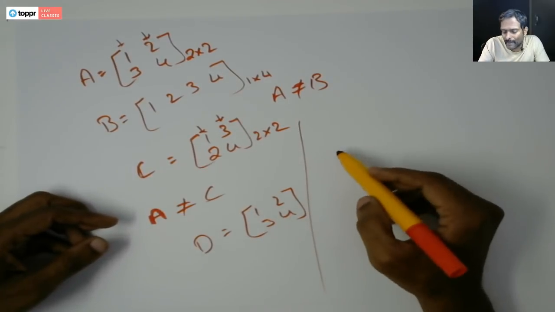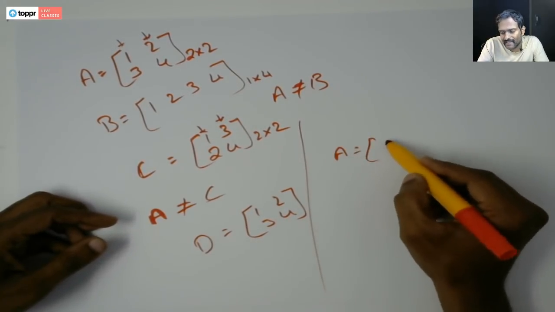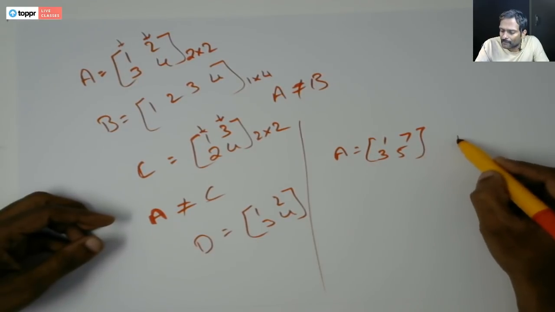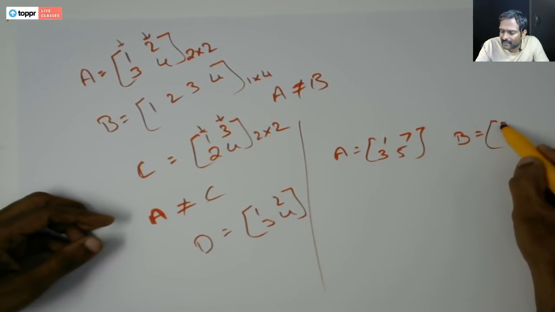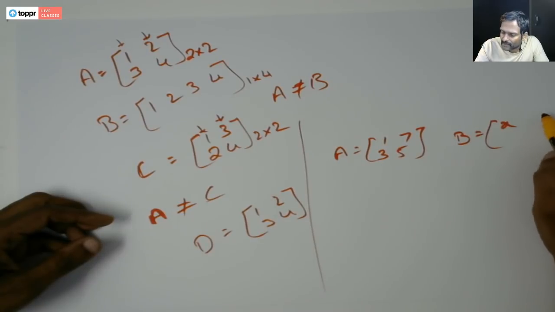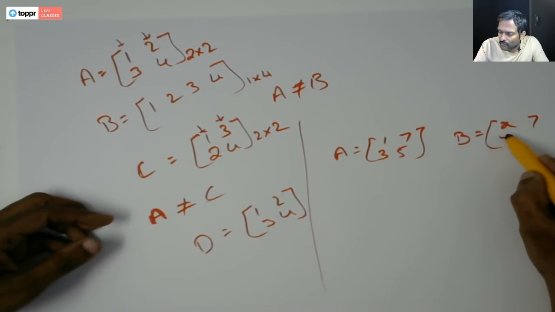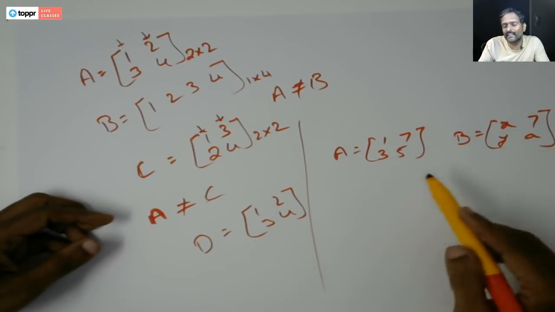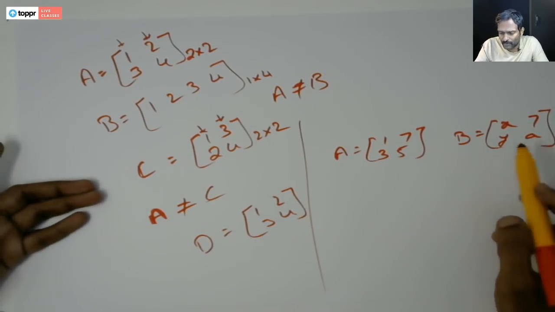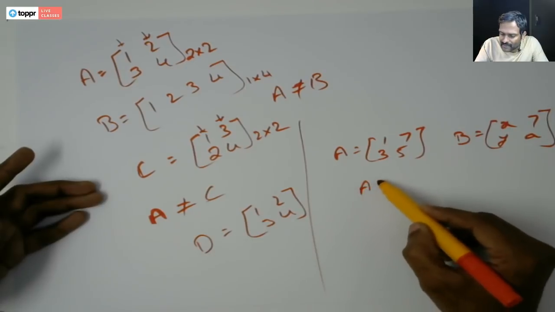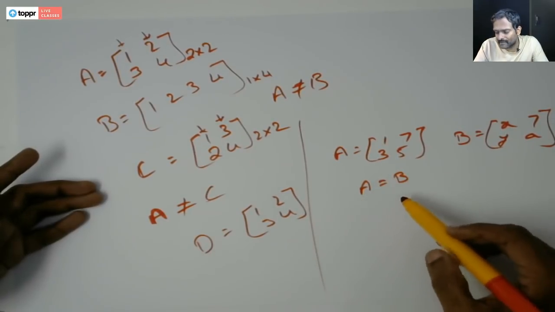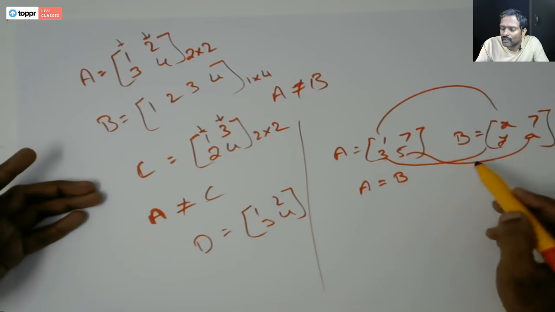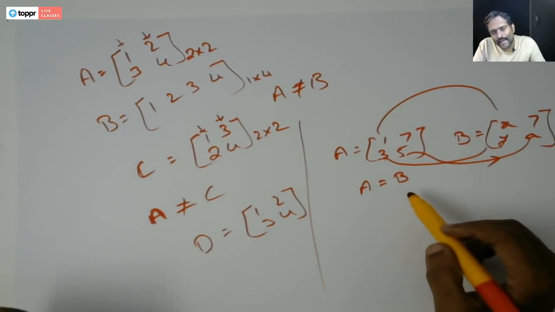Suppose you come across a situation where A is given as 1, 7, 3, 5 and B is a matrix given as X, 7, Y, and some A, and you are asked to find the value of X. If it says that A and B are equal matrices, then you can compare the corresponding elements to find the values of the unknowns.